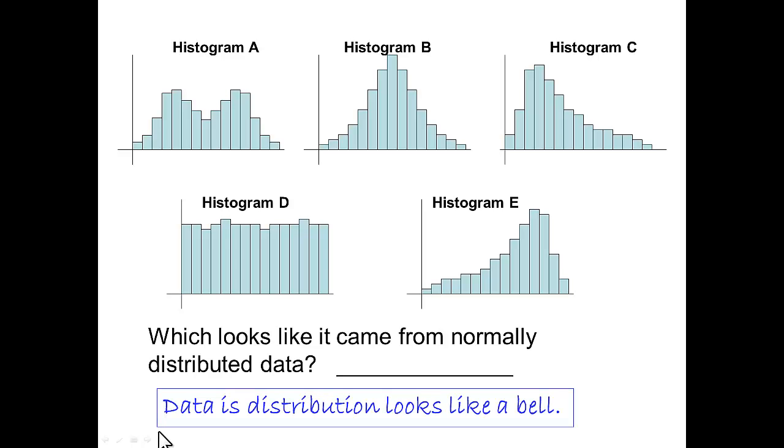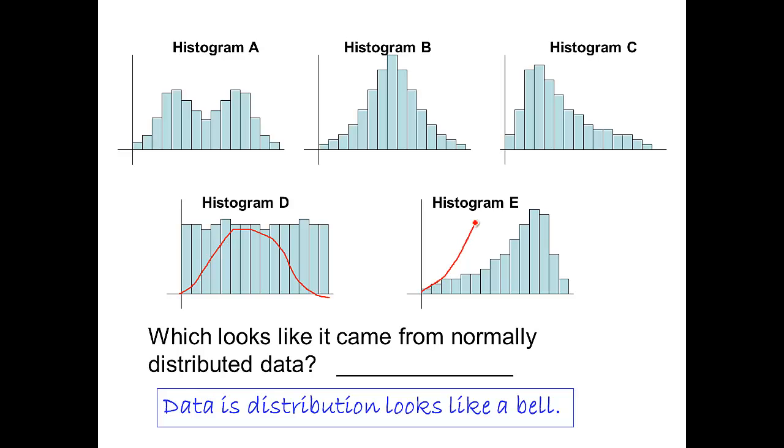Which histogram looks like it came from normally distributed data? This data will be shaped like a bell. This data will be mostly symmetrical. It will have the same shape from a middle point. Looking at histograms, although histogram D is symmetrical, it's not shaped like a bell.